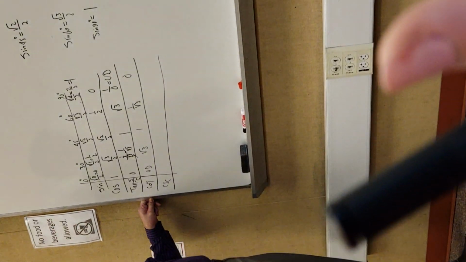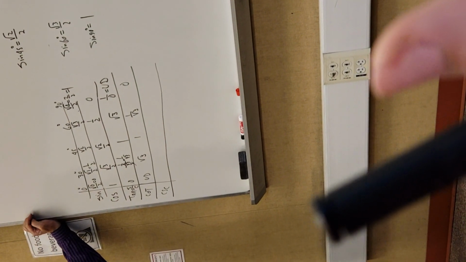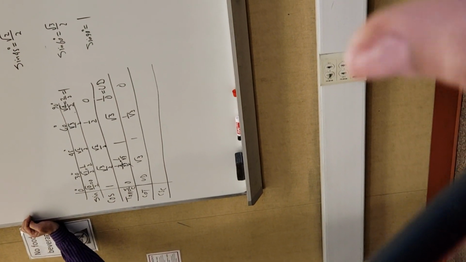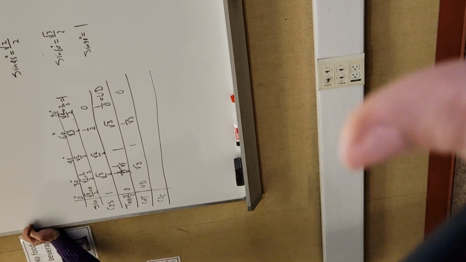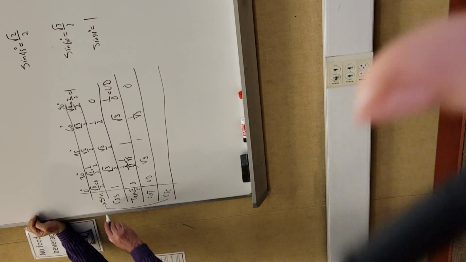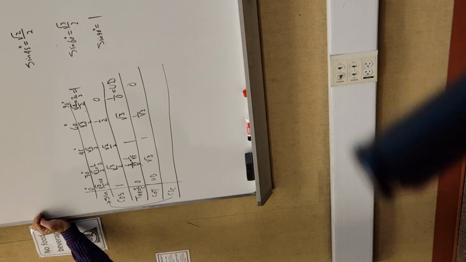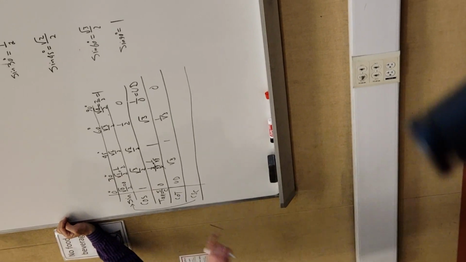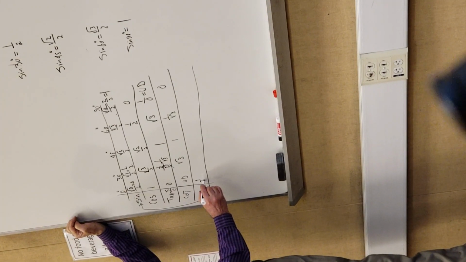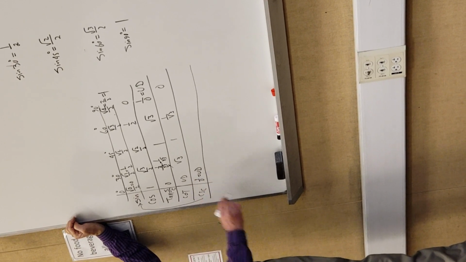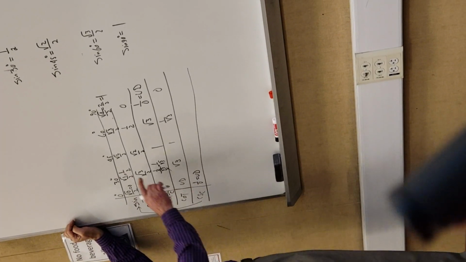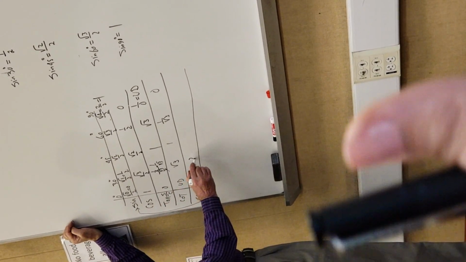Cosecant is related to 1 over sine. So all I have to do is flip it. This becomes 1/0, which is undefined.